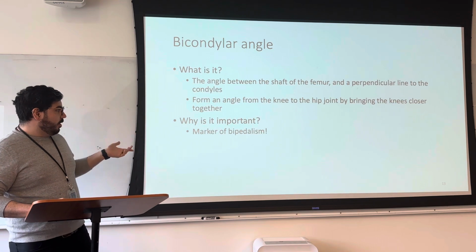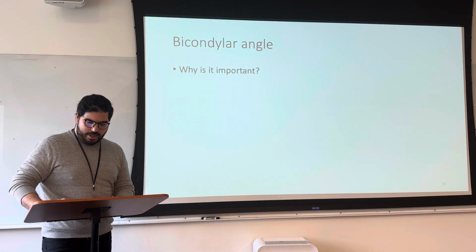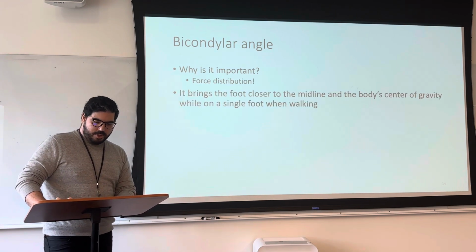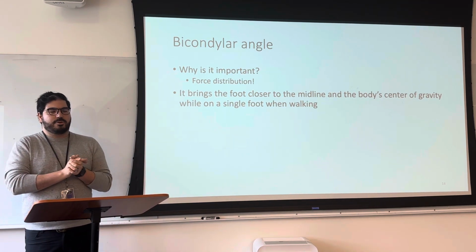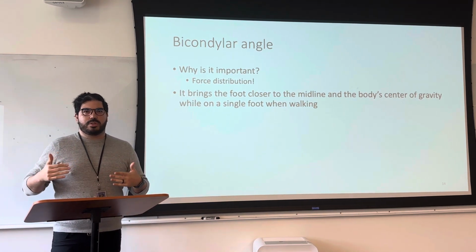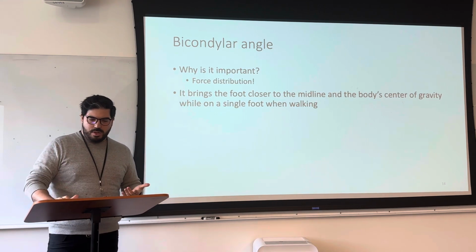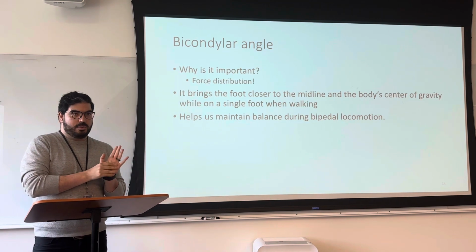So it's also a marker of bipedalism. As Janine mentioned, it brings the foot closer to the midline of the body's center of gravity. While we're walking, we go through a single foot stance when we're balancing on one foot, so this helps us maintain our balance during bipedal locomotion.